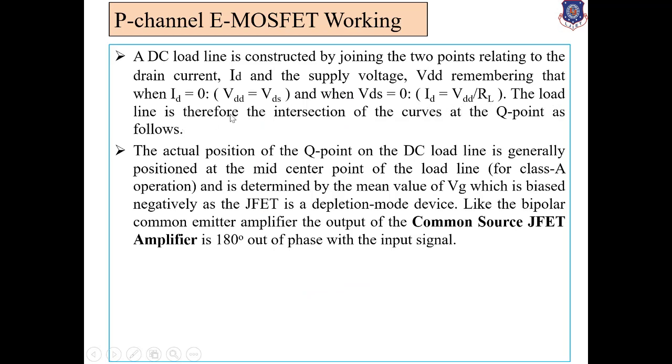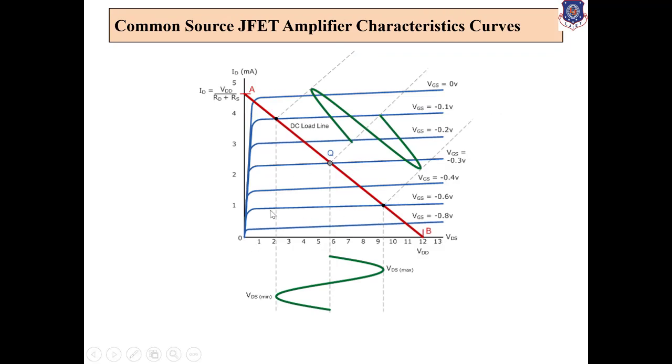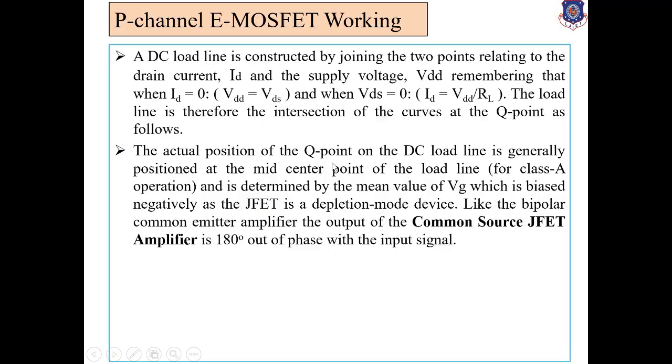The load line is therefore the intersection of the curves at the Q point, as follows. Different curves are drawn here in blue, right? These are the output curves, and the red line is the DC load line. The particular curve which intersects the DC load line in the middle is the best position of the Q point.